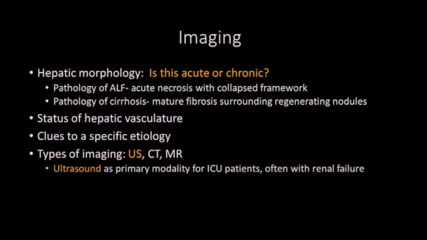We need to also look at the hepatic vasculature, particularly in terms of portal vein thrombosis and what may be needed for transplantation. And while for most of these patients there's nothing we can say regarding imaging as far as the etiology, there are a few subcategories in which ultrasound or imaging in general can suggest an etiology, and that's very important.